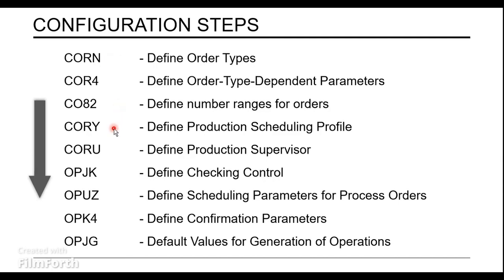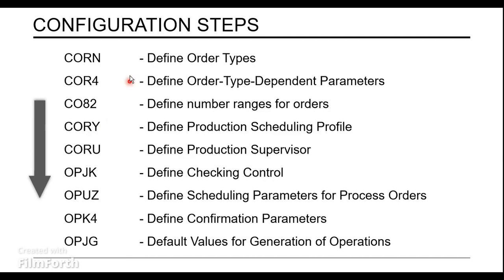And then we have the production scheduling profile. For this, we are going to use the transaction CORY. Again, the production scheduling profile is based on the combination of the plant and also the scheduling profile that you have created in that particular plant. Under this production scheduling profile, we can define the order types which are pre-configured based on the business scenario.